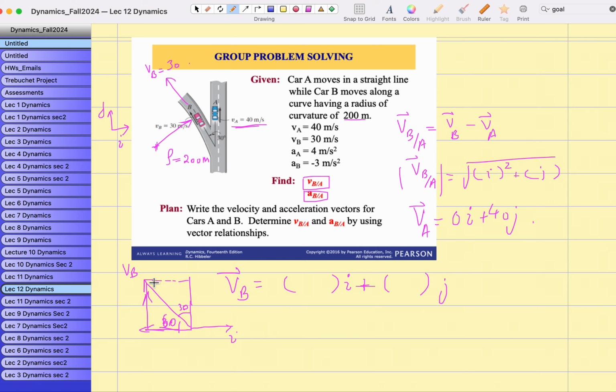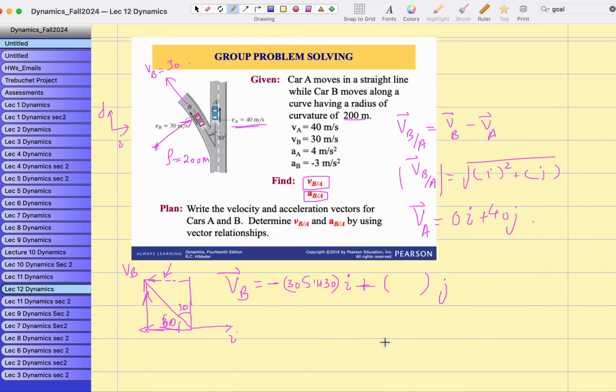So if you do the math here, what is this side equal to? I can write negative, make sure it is negative because it is on the left hand side of the origin. VB equals 30, so can I write 30 sine 30?